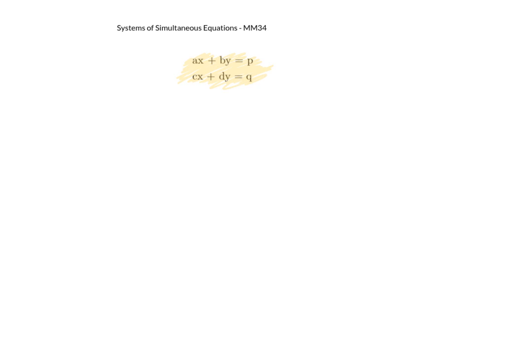I'll first consider the situation where we may have a unique solution. We know when we're looking at equations of lines that if the lines are not parallel, then they will cross at exactly one spot. And this would provide us with a unique solution.